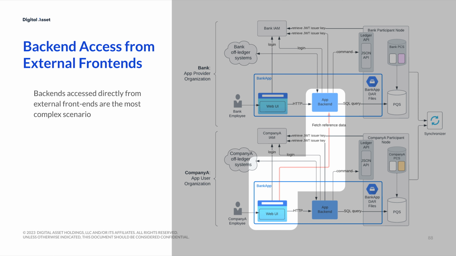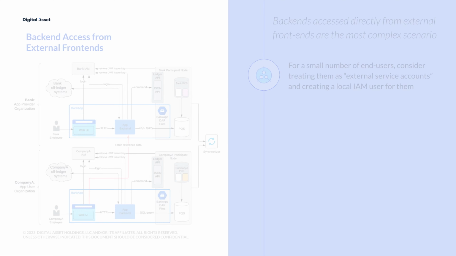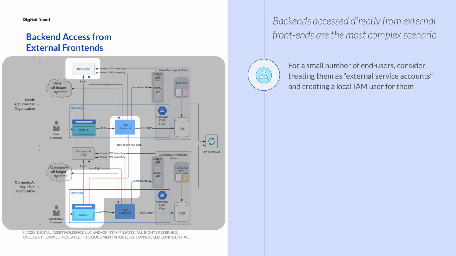When the backend is accessed directly from end-user front ends in external organizations, this may require a more complex solution. If the number of end users is small, then it may be okay to create IAM users for them in the app provider's IAM in the same manner as with external service users, and use these to authenticate them.